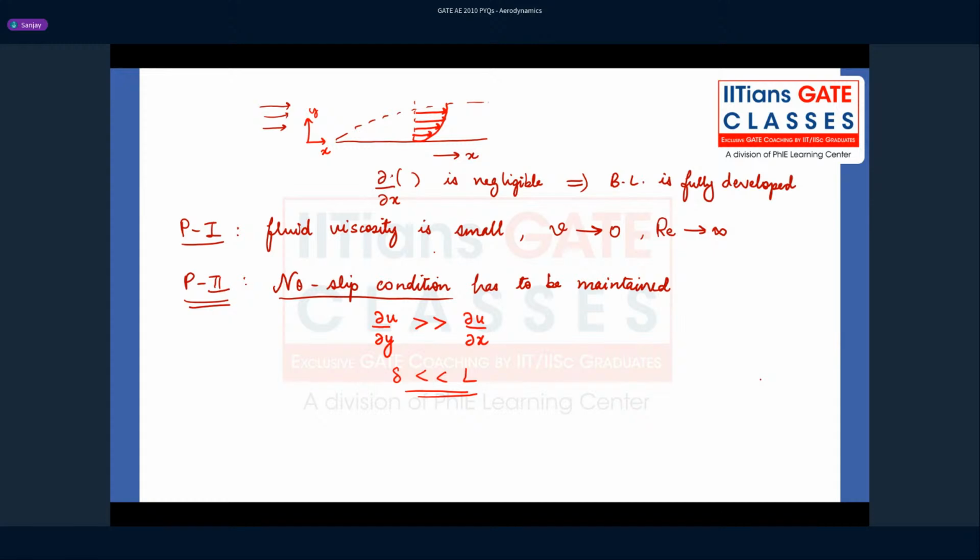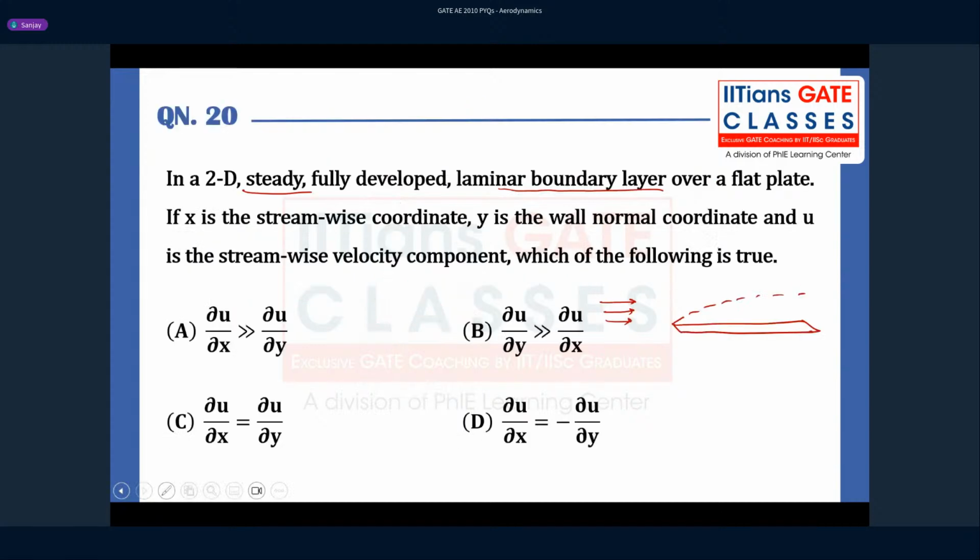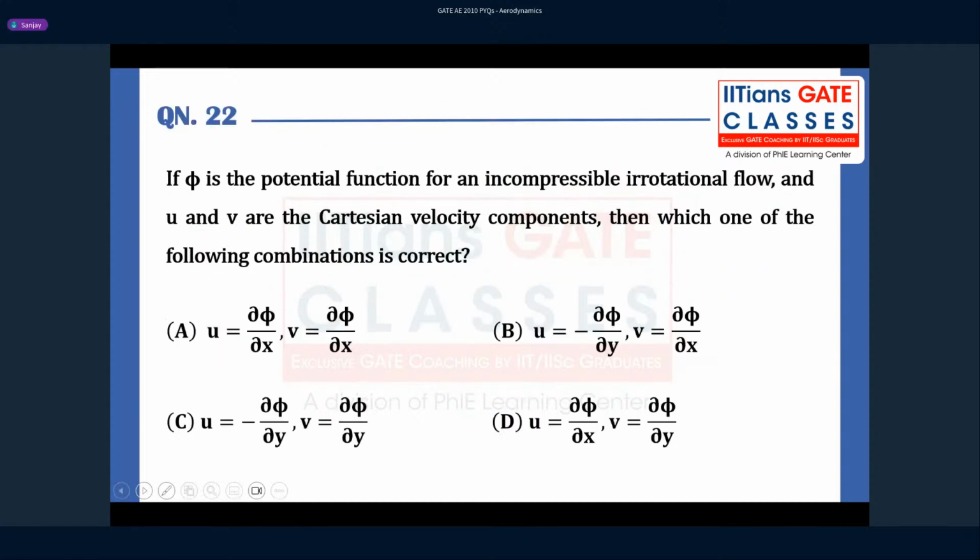So you have a characteristic length, and the boundary layer thickness is much smaller. So delta is much less than L. You can see that option B is a direct statement of Prandtl's postulate. So that is what was asked in this question. I hope this is clear to you all. Let's move on. This is a very straightforward question.